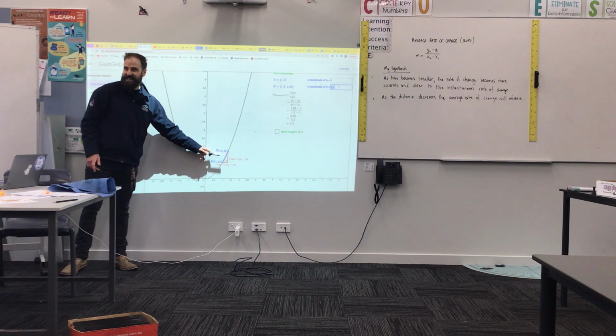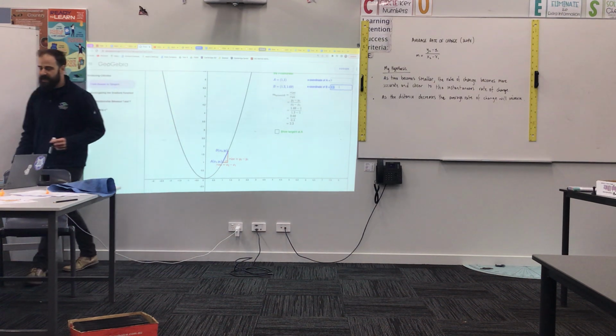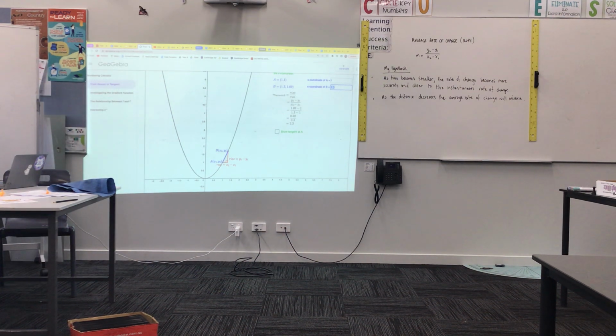You probably can't tell the difference from the back of the room. Okay, let's go a little bit smaller again, 1.2. We're at 2.2. Again, what's happening to that blue line? It is more closely matching the parabola.